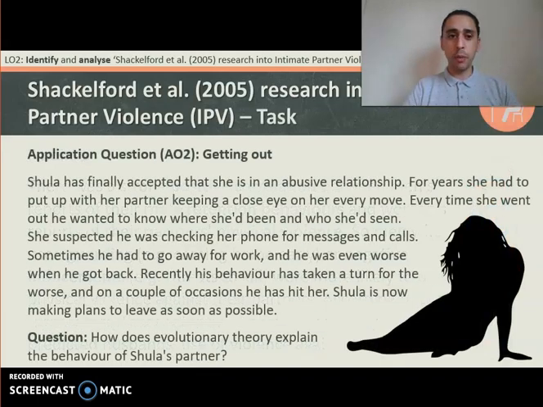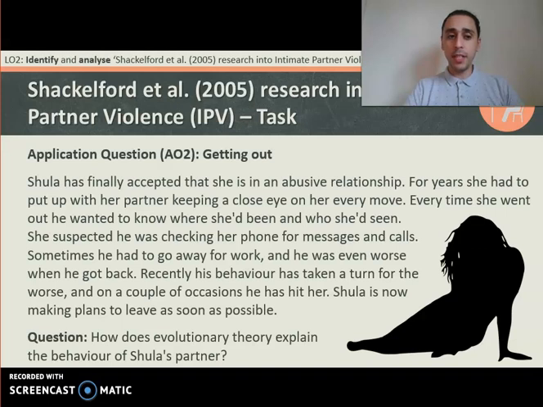So here's an application question. Getting out. Get out. Don't know why I did this. Shula has finally accepted that she is in an abusive relationship. Go on, Shula. For years, she has had to put up with her partner keeping a close eye on her every move. It's an abuse. Every time she went out, he wanted to know where she'd been and who she'd seen.